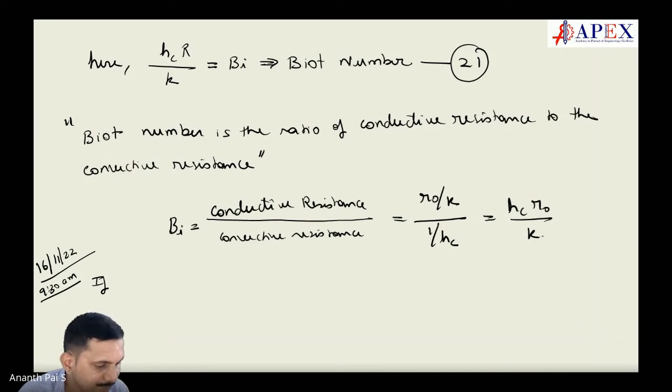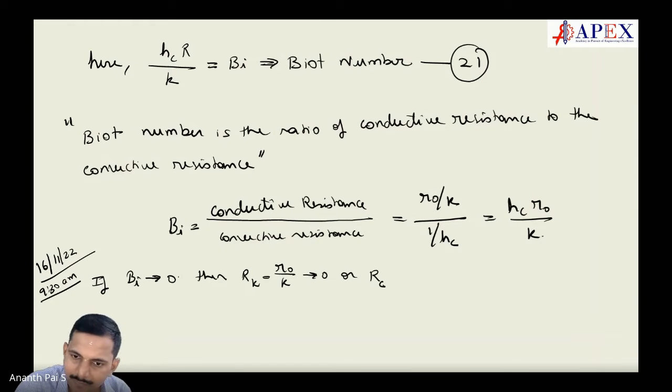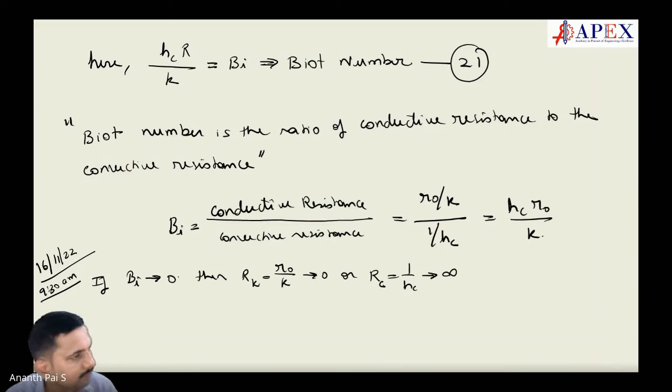If Bi tends to 0, then Rk, which is equal to R naught by K, tends to 0, or R convective, which is equal to 1 by Hc, tends to infinity.